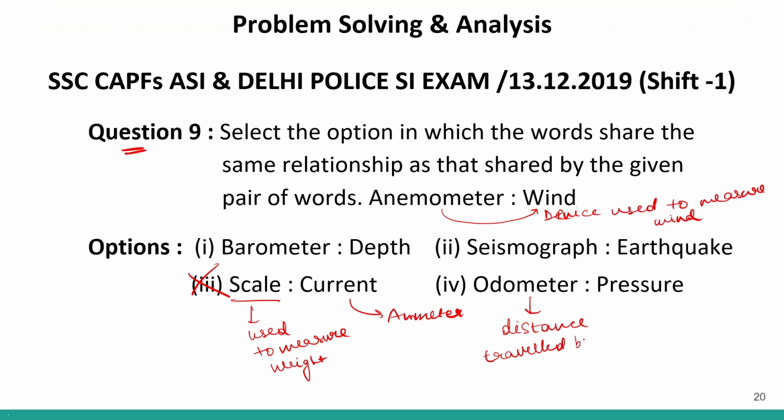Distance traveled by vehicle. Anything that has a wheel. Okay. So pressure, again wrong. Then barometer and depth. Barometer is what? It is a device that is used to measure pressure. So this is also wrong. So seismograph is something that is used to measure earthquakes. So option number 2 will be the correct answer.